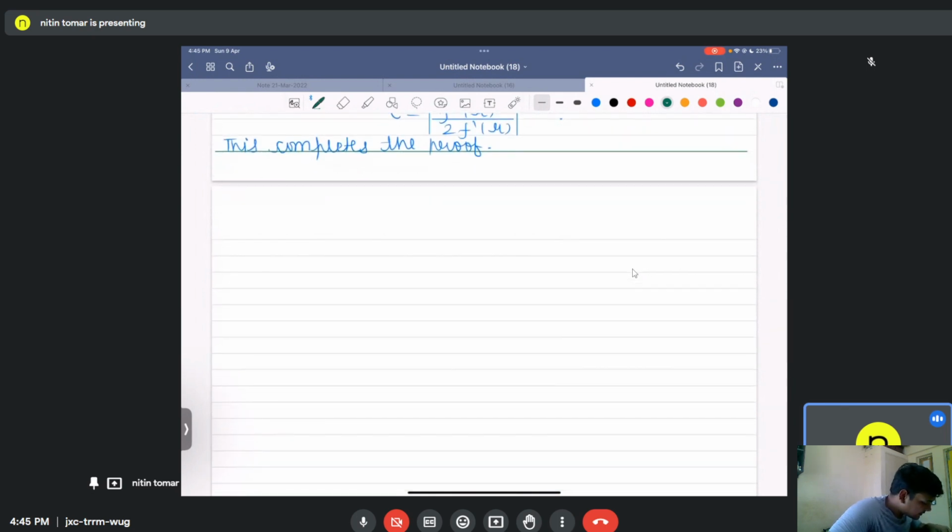So maybe I will discuss the next method briefly. That method is called the Newton-Raphson method.